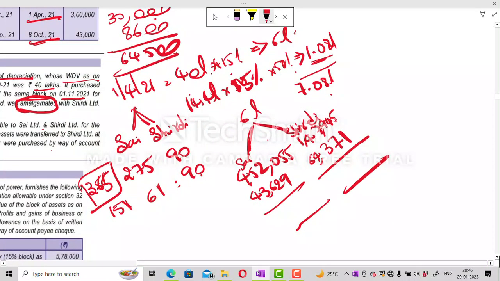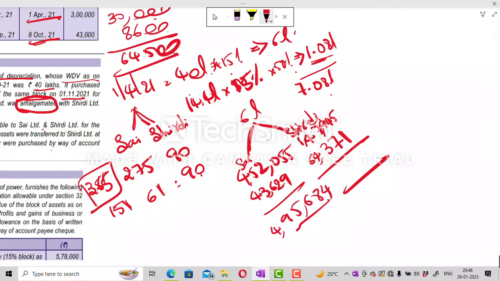Four lakh 52,055 plus 43,629 is 4,95,684. 1,47,945 plus 64,371 is 2,12,316.